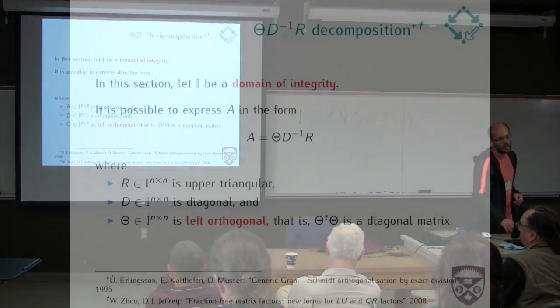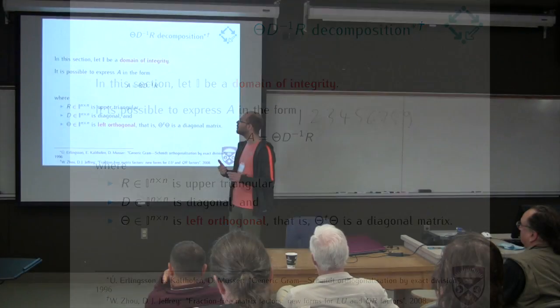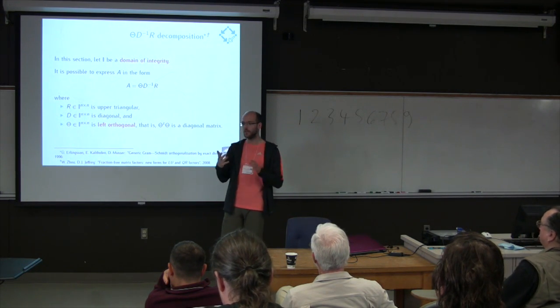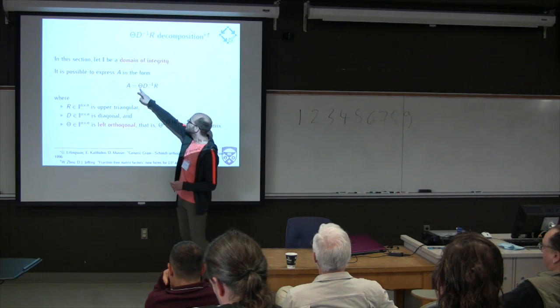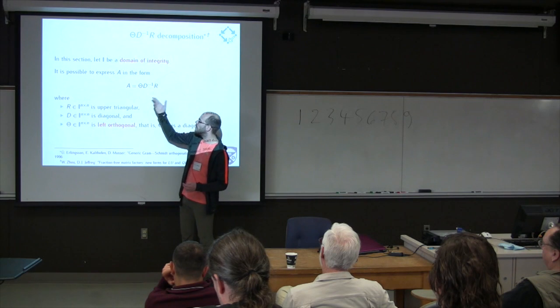Okay, there's a few more results. You know that there are different matrix decompositions. In particular, there's the so-called QR decomposition. And you can define a fraction-free version of the QR decomposition. It's called the Theta D R decomposition, where it's the same idea again.